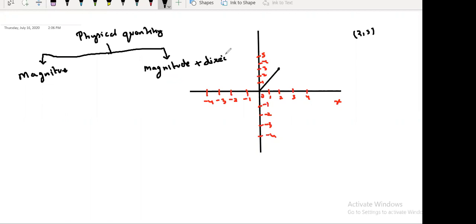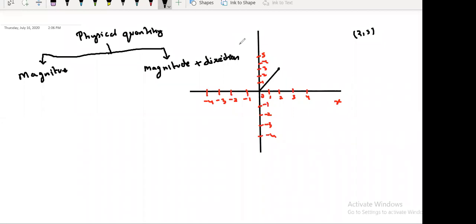So a physical quantity is of two types, just magnitude, and both magnitude and direction.